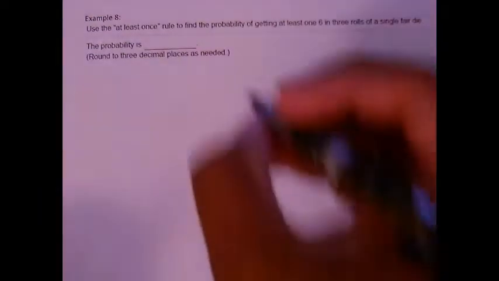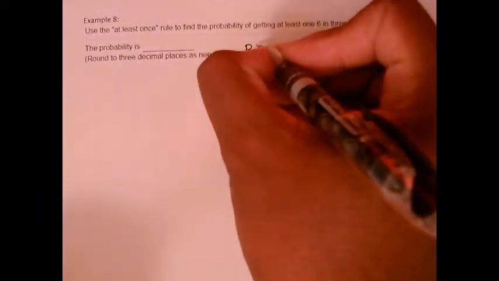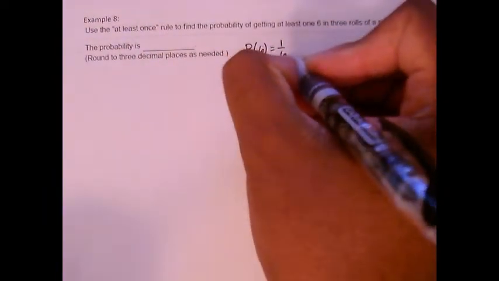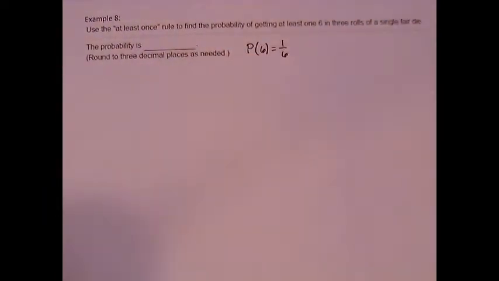Okay, and here's the last example in this video. Again, we're going to use the at least once rule to find the probability of getting at least one 6 in 3 rolls of a single fair die. Okay, so in a single fair die, the probability of getting a 6 is going to be 1 out of 6, because there's only one 6 on a single die.